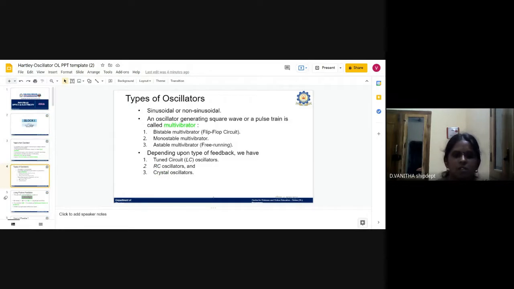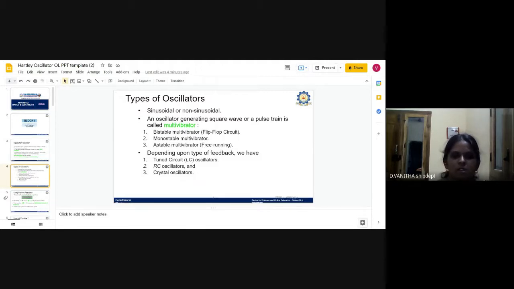The oscillator types are sinusoidal and non-sinusoidal oscillators. The oscillators generating a train of square waves are called multivibrators. The multivibrators are divided into three types.